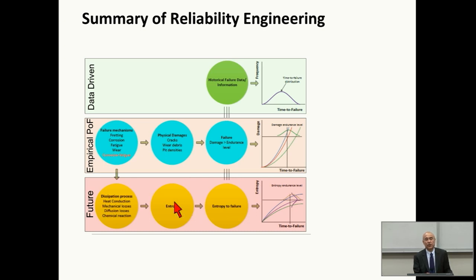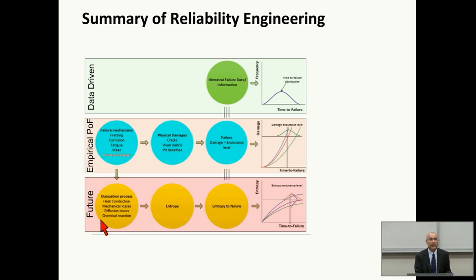The future or new emphasis, as I said earlier, would be on thermodynamics, because these failure mechanisms all dissipate energy. And we know that dissipation of energy corresponds to entropy generation according to the second law of thermodynamics.